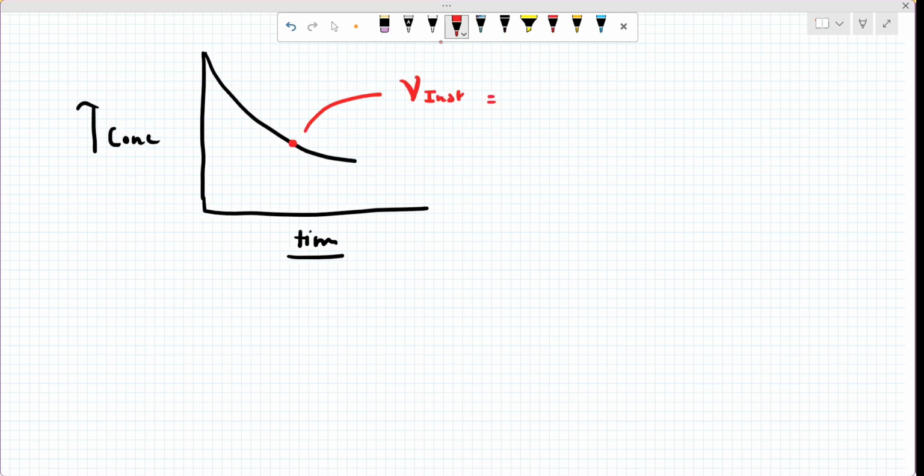You got the point? So at this point, at this time, at this concentration, what is the rate? It means what is the formula? That is called dc by dt. You got the point? Yes or no?